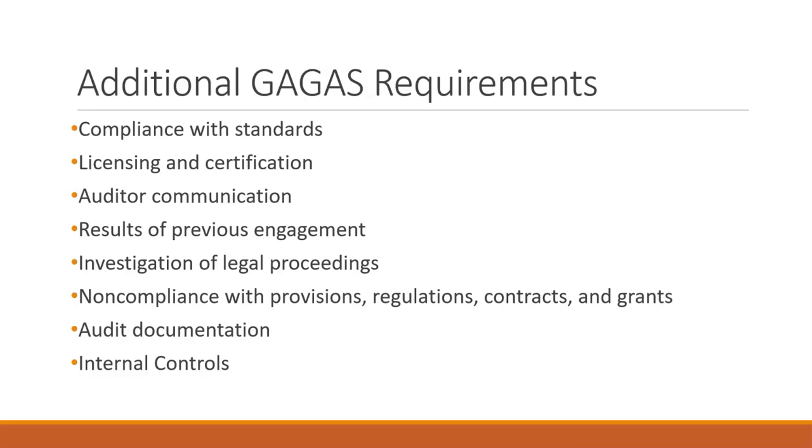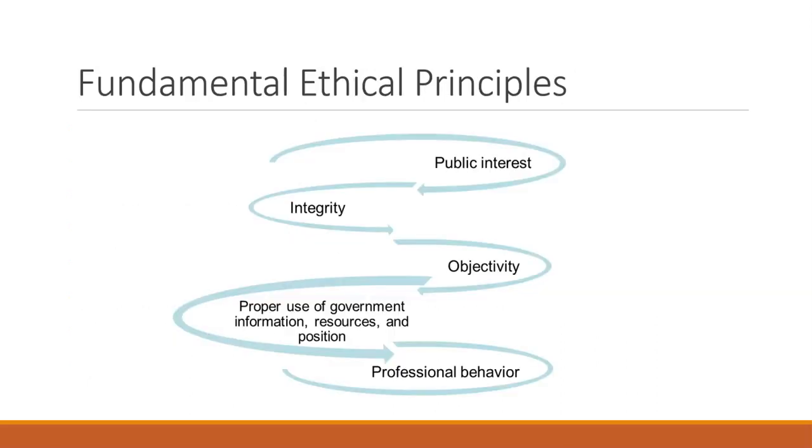Are there any non-compliance issues? Are there issues with internal controls? Are there licensing and certification issues? As for ethics and independence, GAGAS outlines basic ethical principles that auditors should be following: public interest, integrity, objectivity, proper use of government information, resources and position, and professional behavior. So when looking at a governmental entity's financial statements, you should be thinking about how you are protecting the public interest.